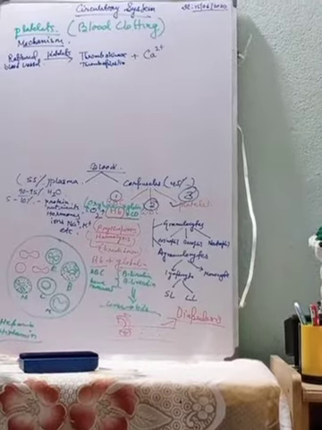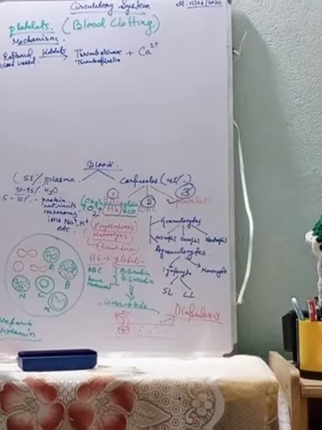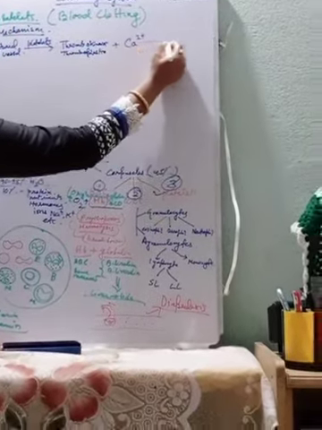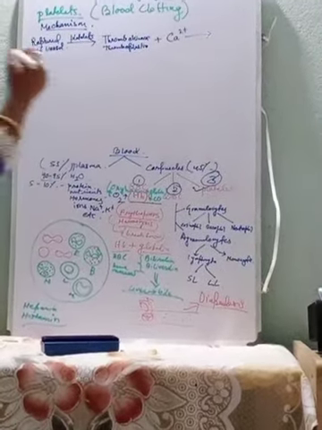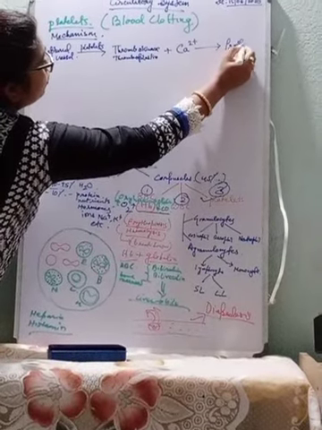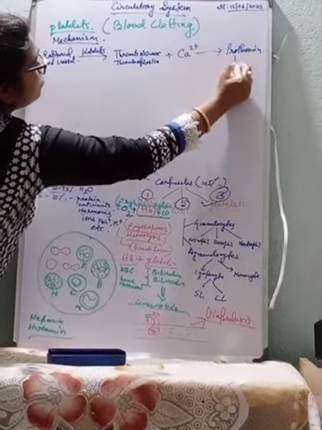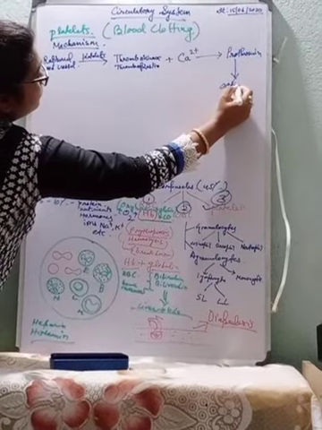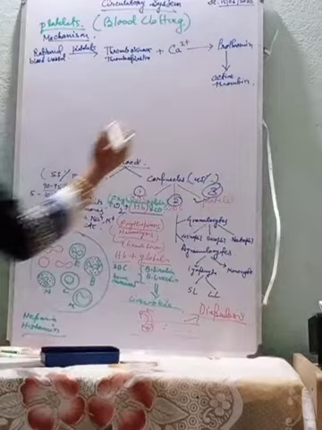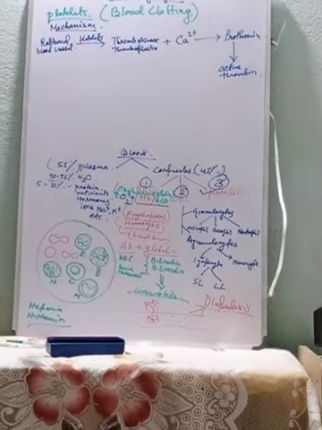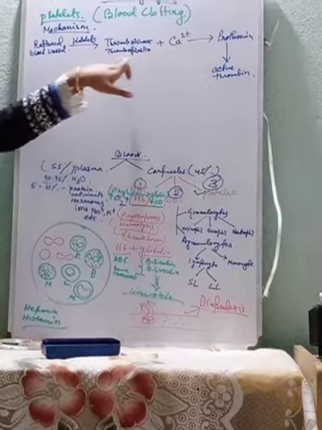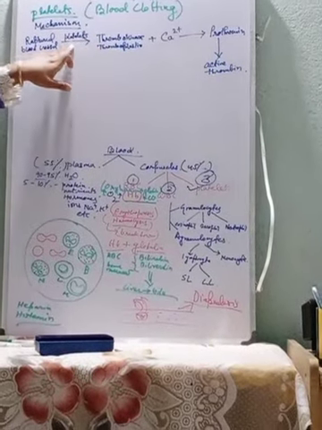They will combine with the calcium ion, and then they will do the second step of work, that is, they will convert the inactive substance called prothrombin to active thrombin. Clear? So they will convert the prothrombin, which is in an inactive state, with the calcium and the thrombokinase that will be released by the platelets.